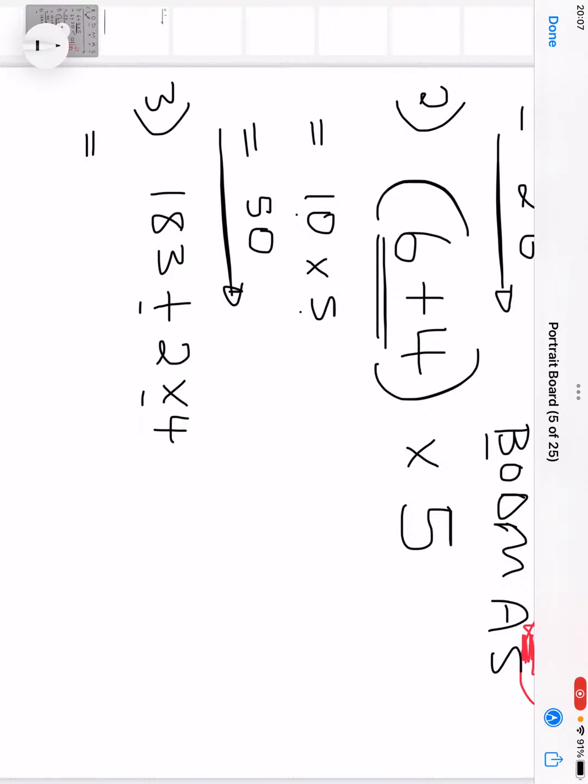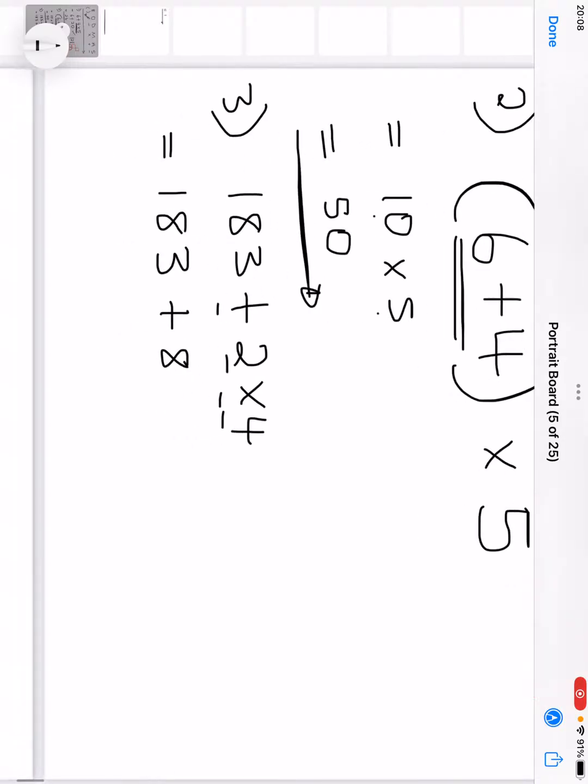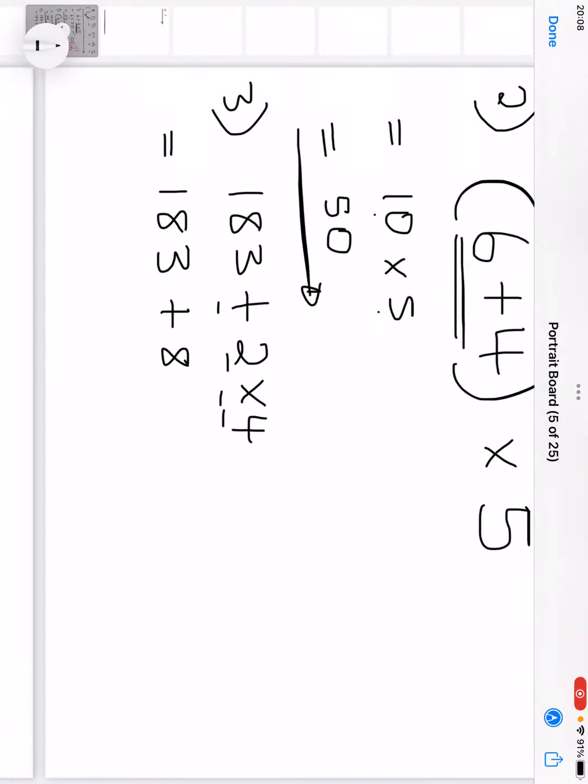So that means you end up having 183 as it is, that you add to 2 times 4, which is 8. And then in the next step, 183 plus 8 equals 191. Yes, that should be the end of it.